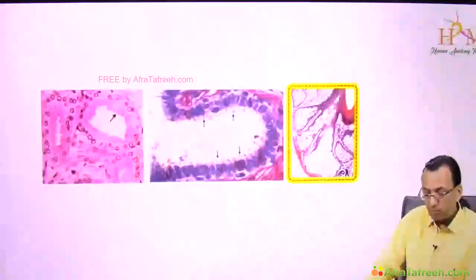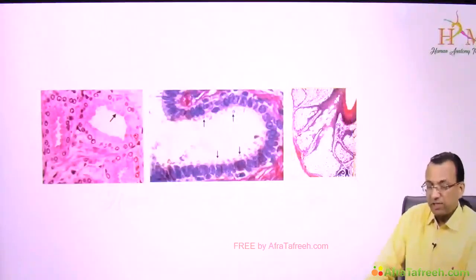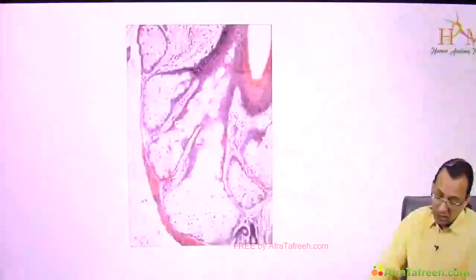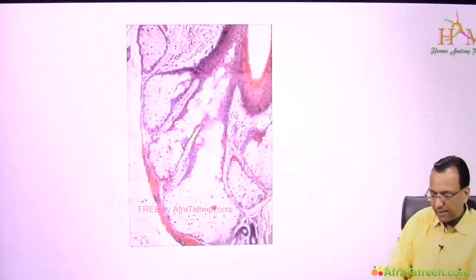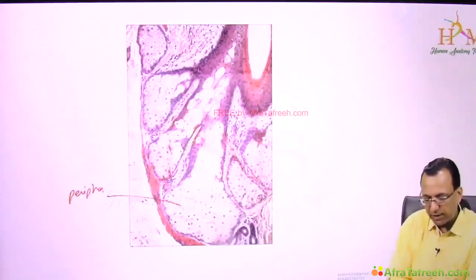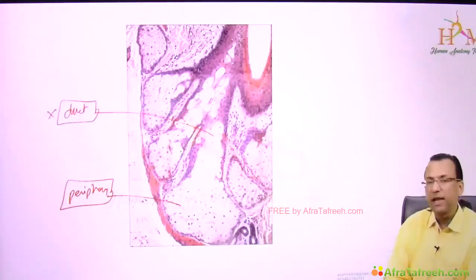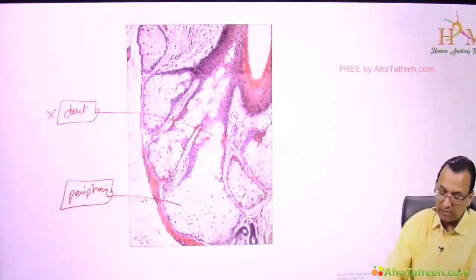And what about the holocrine? In holocrine, as we have discussed, like sebaceous gland, the peripheral cells are intact, but towards the duct there will be loss of cell membrane, loss of nucleus, and it becomes secretion. So the cell margins at the periphery are intact, but towards the duct the cell margins and the nuclei are lost and everything becomes sebum.